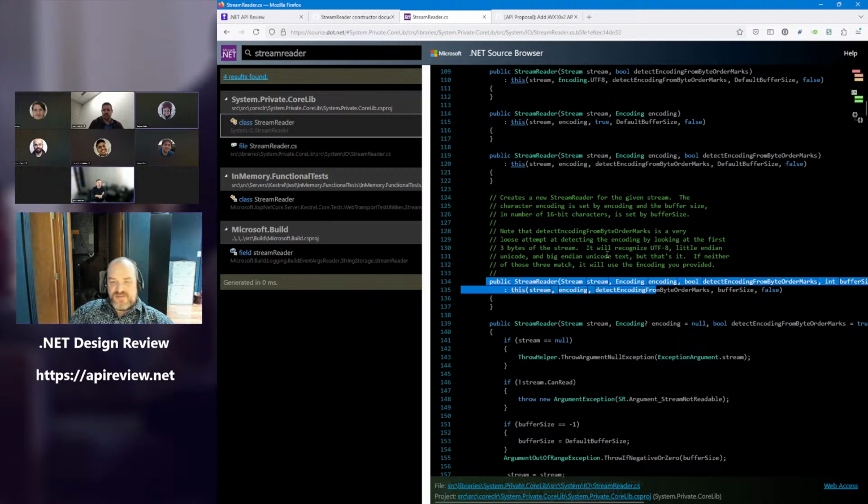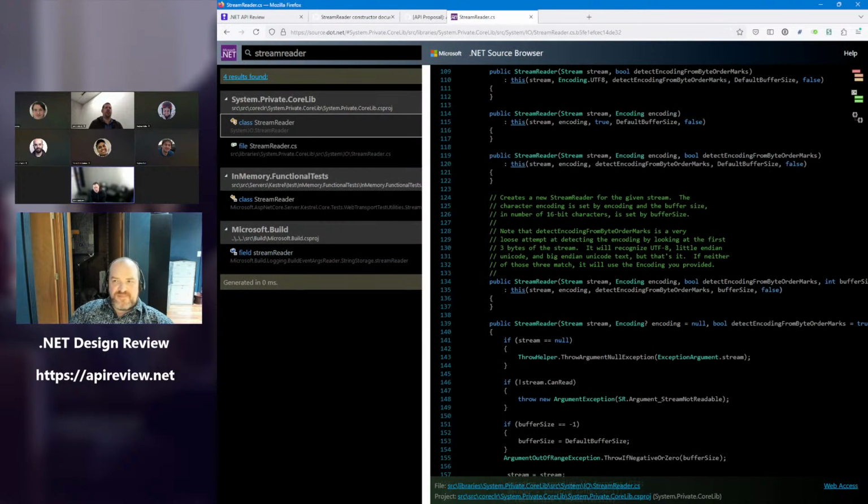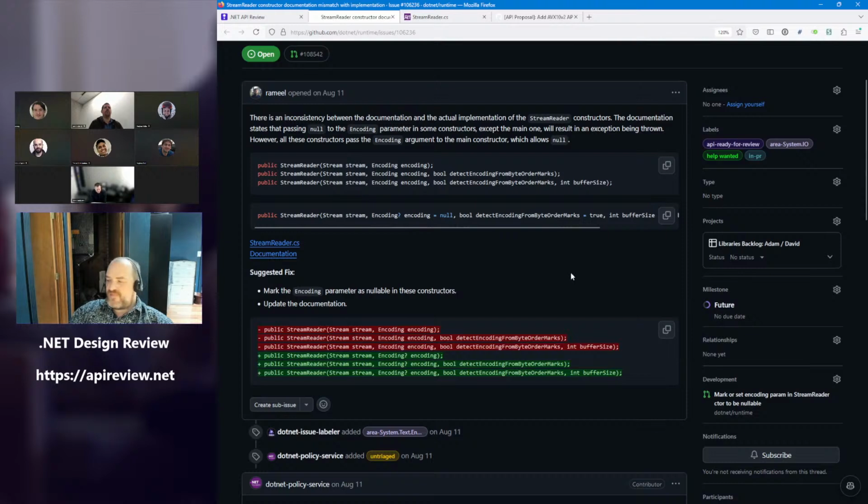Maybe I just missed it. I thought the proposal was to take the one that has everything up until buffer size and mark them optional, but I guess it's just the longer one that they put in the PR. Oh yeah, that goes past buffer size. Never mind. We're not making anything optional here. We're just making it nullable, which I think is okay. Yeah, that makes perfect sense. Then update the docs as it says. Sure. I agree.